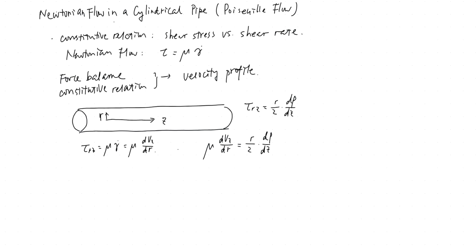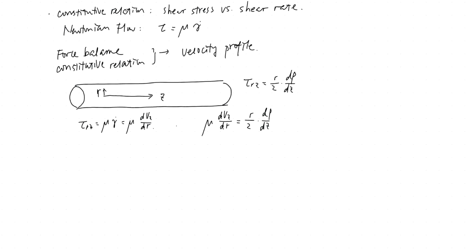This equation may look a little bit intimidating because you have derivatives on the two ends of the equation, and they are different things. You have pressure, and you have velocity, and you have r and z. It looks like it's harder to handle. But if you look at this carefully, if you rearrange it, dividing both sides by r, you will get mu dvz/dr equals 1 over 2 dp dz.